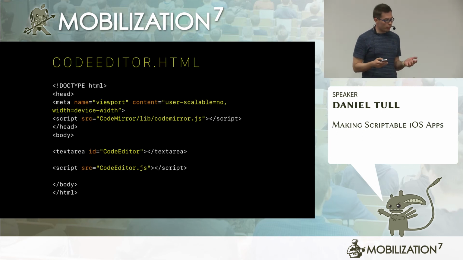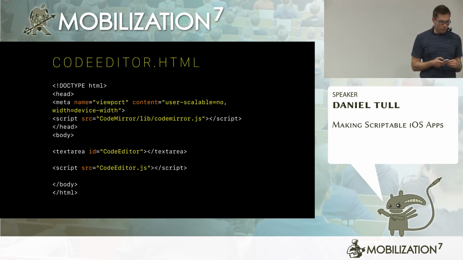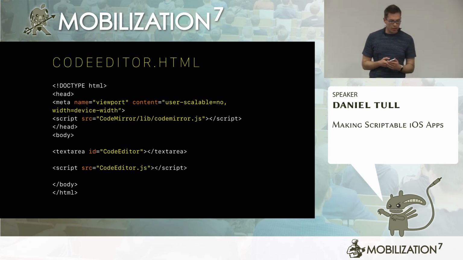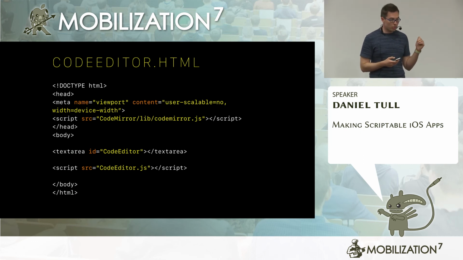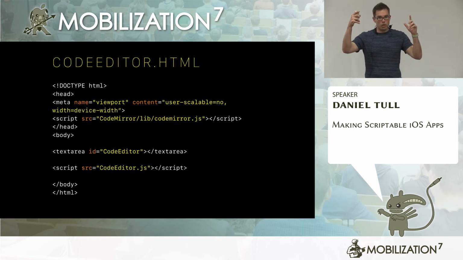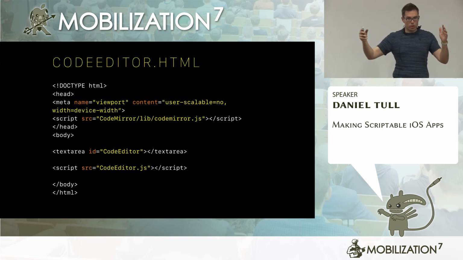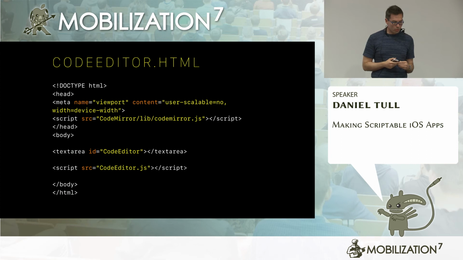And just a quick look at the HTML that you'll need for this. I think a couple things here are really interesting. The viewport stuff on the HTML, to make it non-scalable so that it doesn't try to shrink as the lines grow longer, but to wrap. Just in general, that's a really good practice for HTML.